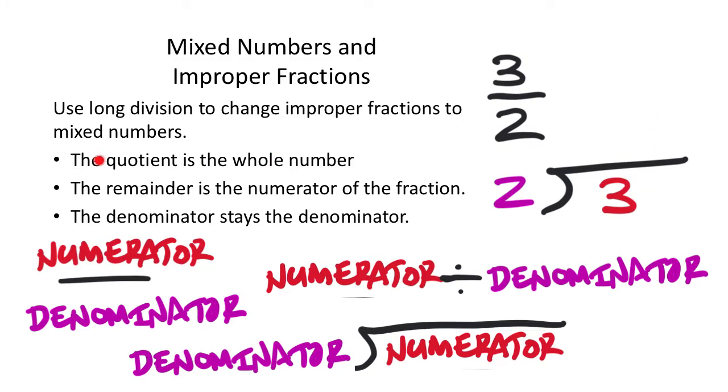The quotient is the whole number in the mixed number. The remainder is the numerator of the mixed number fraction, and the denominator stays the denominator. So whatever you see as the denominator of your improper fraction, if you change it to a mixed number, it's just going to stay that same denominator, because again, we're not changing the sizes of the pieces. They're always going to be that same size piece.